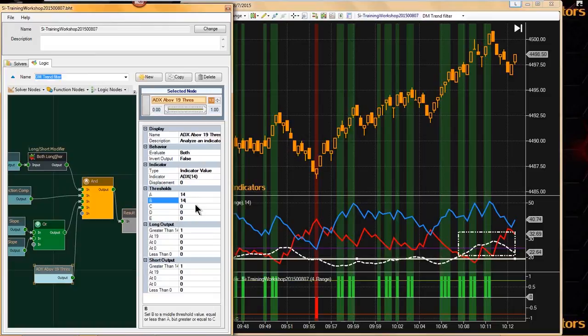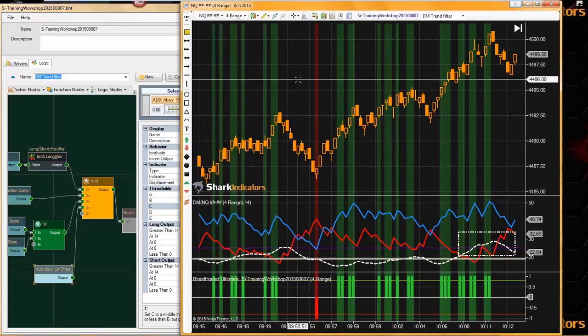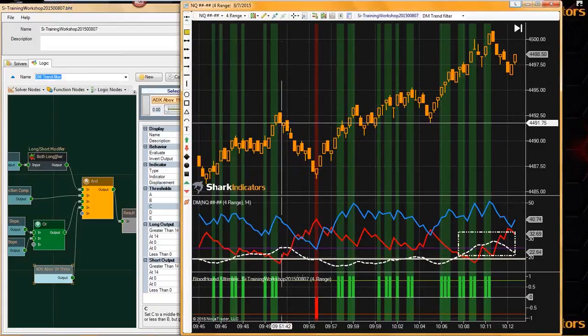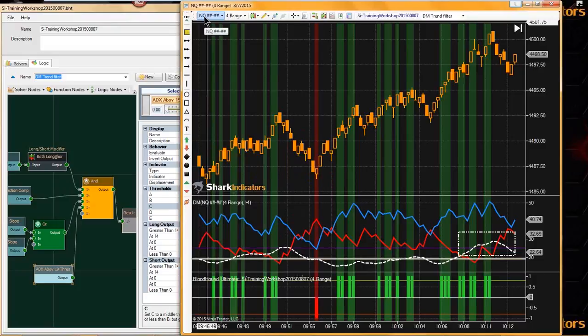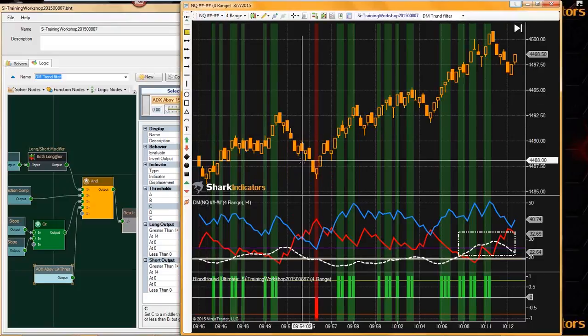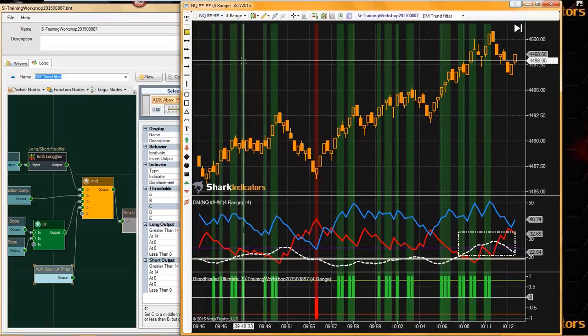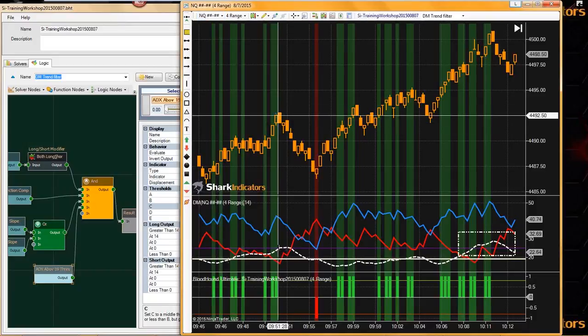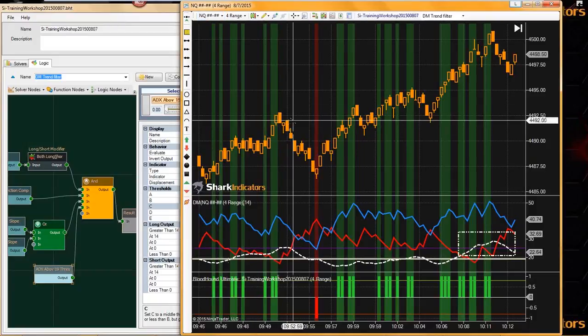But you just have to play around with this, guys, because setting up your indicator periods has to be matched with the instrument that you're trading and the bar size that you're trading. Different instruments have different volatility, and different time frames also have different volatility.